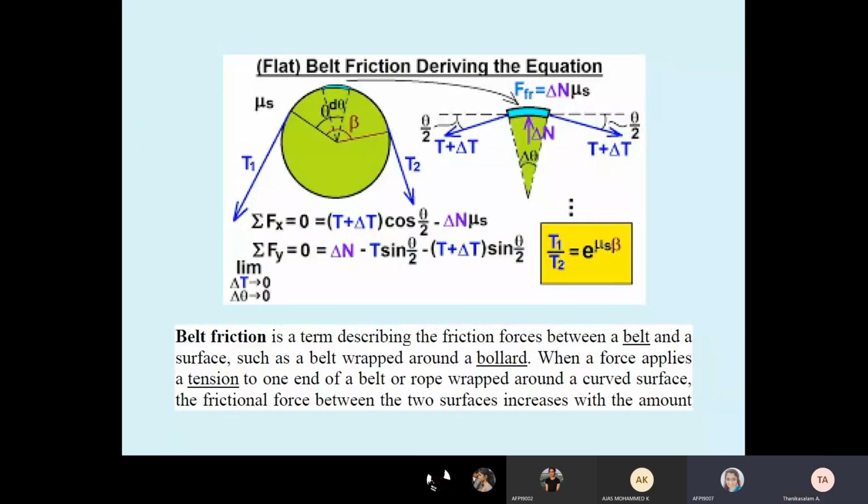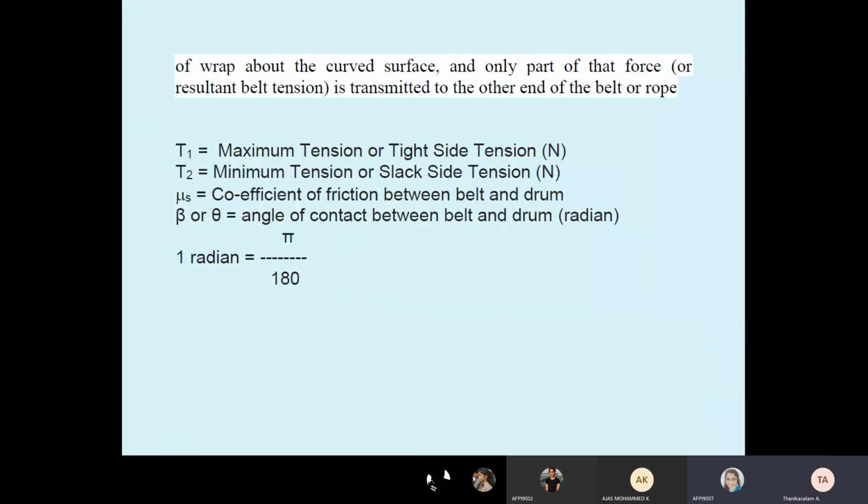When a force applies a tension to one end of a belt or rope wrapped around a curved surface, the frictional force between the two surfaces increases with the amount of wrap about the curved surface, and only part of the force or resultant belt tension is transmitted to the other end of the belt or rope.